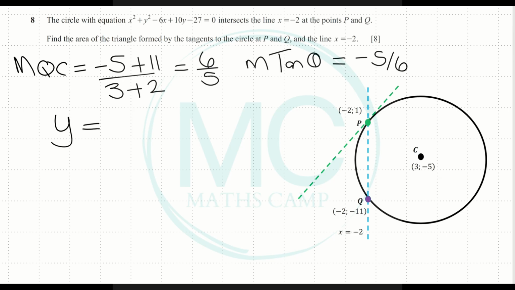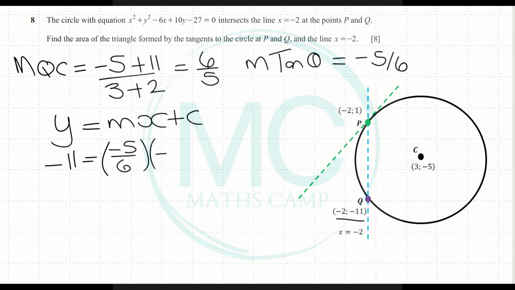And now I can find the equation. y is equal to mx plus c. Now I'm going to substitute the x and y coordinates of Q into my equation. -11 is equal to (-5 over 6) multiplied by -2 plus c. -11 is equal to +10 over 6 plus c.